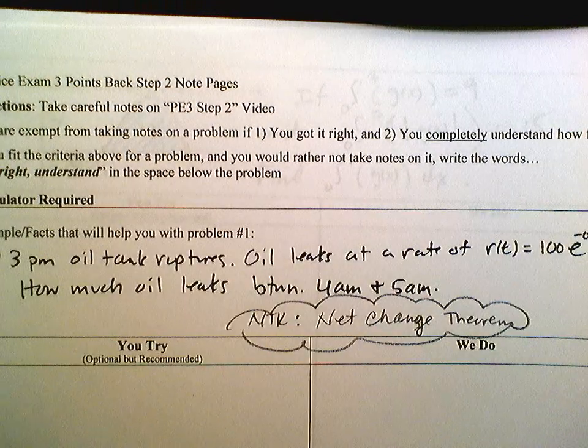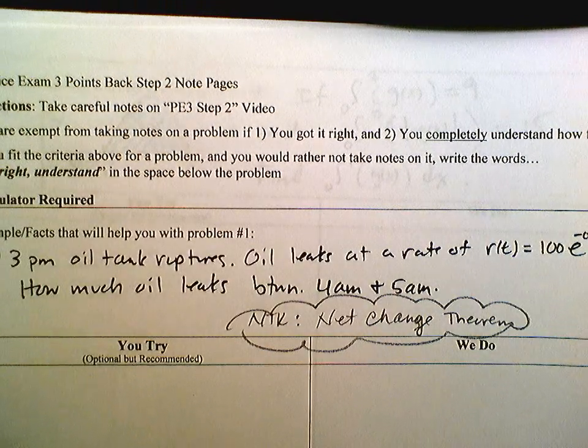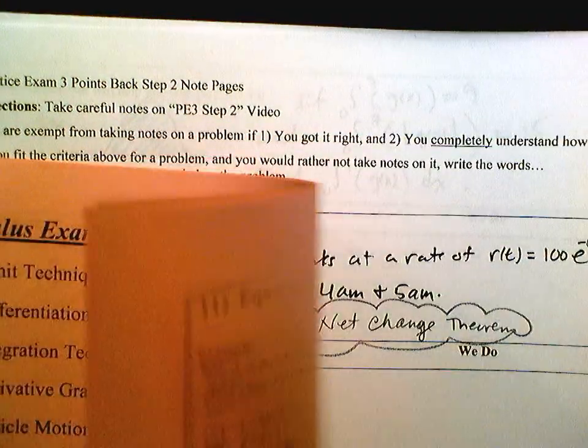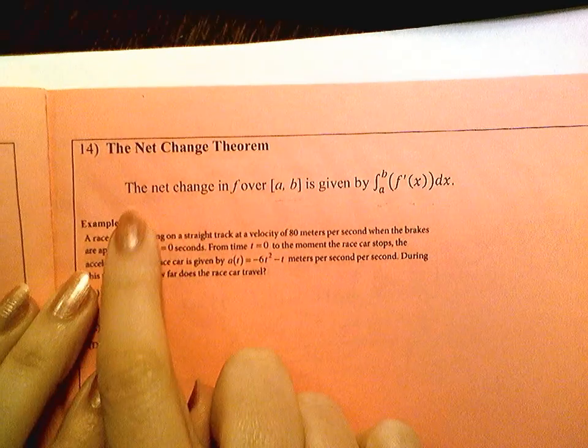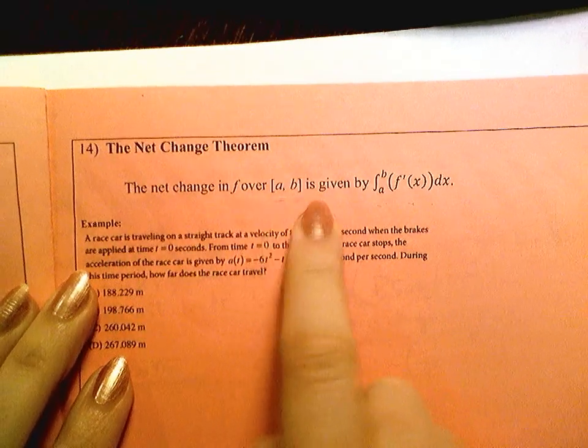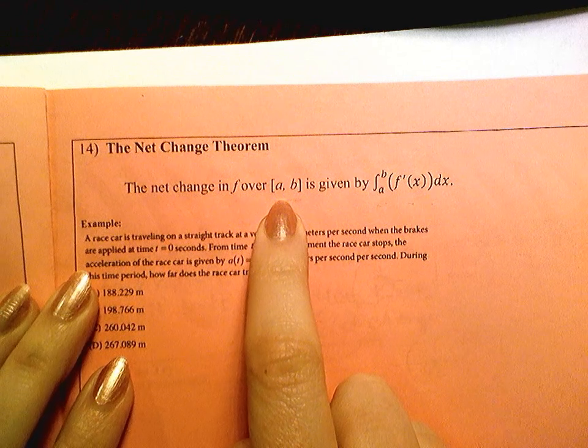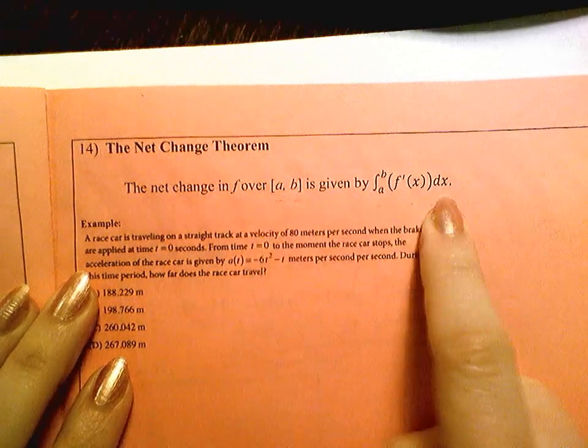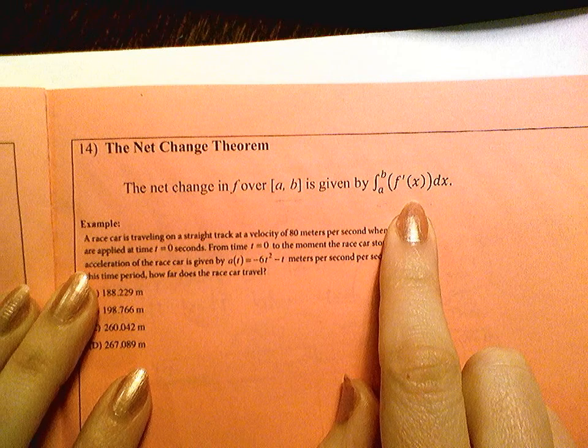Okay, and the net change theorem is in your part 1 packet, and it's this one, number 14. Okay, and this is the part 1 packet. So if you go all the way there, the net change theorem: the net change in F over a certain interval is given by the integral of its derivative.